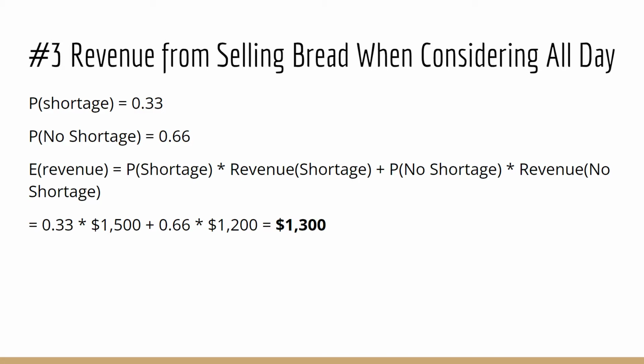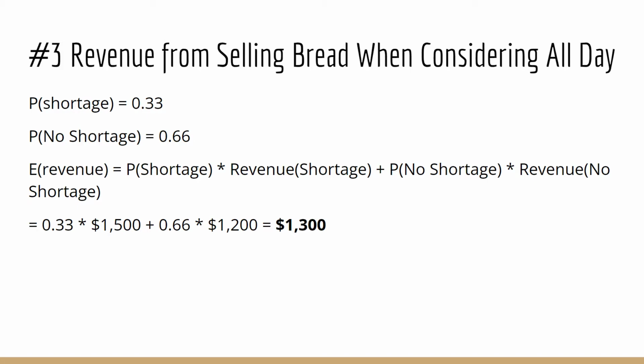Then number three is revenue from selling fresh bread when considering all days. The probability of the shortage incurring is one third, which is 0.33, and the shortage not incurring is 0.66. We use the expectation for a discrete random variable.